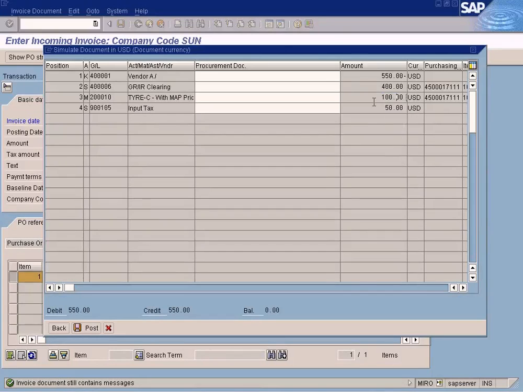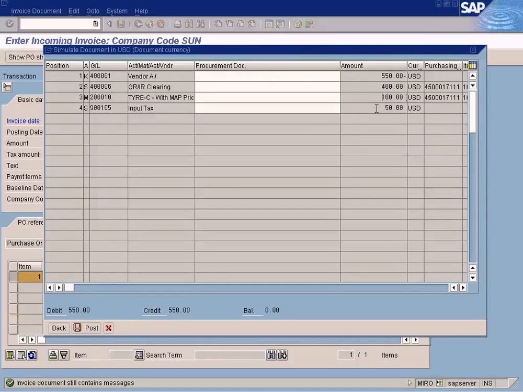The reason we need to check whether there's stock coverage or not is because of the accounting principle.